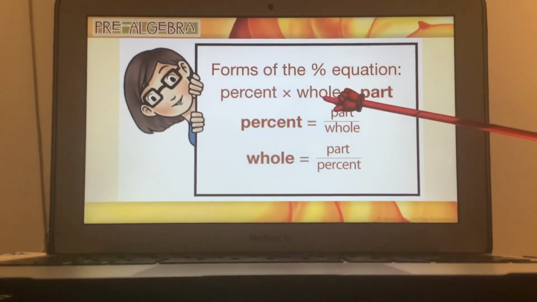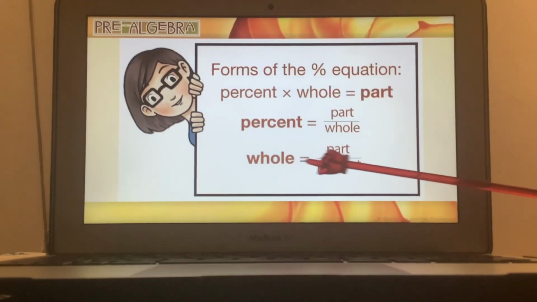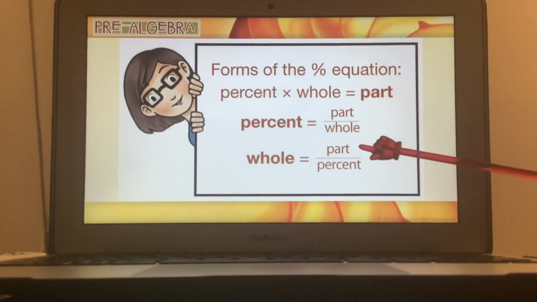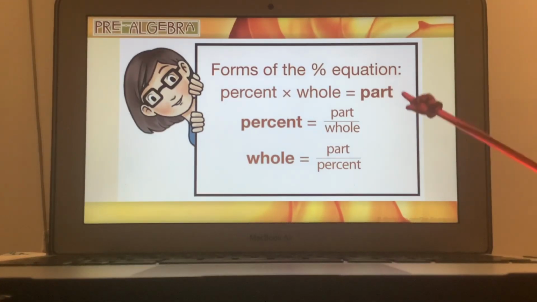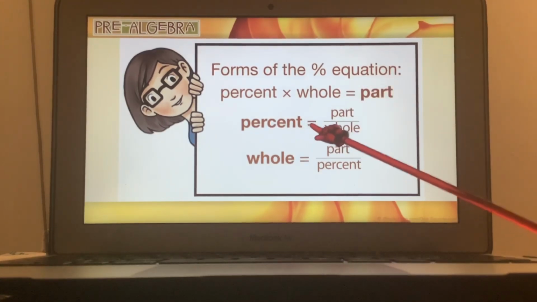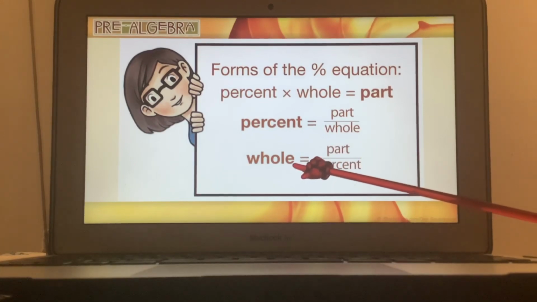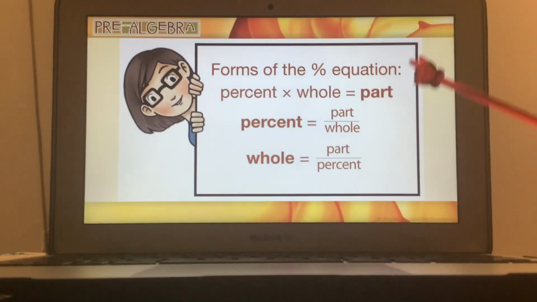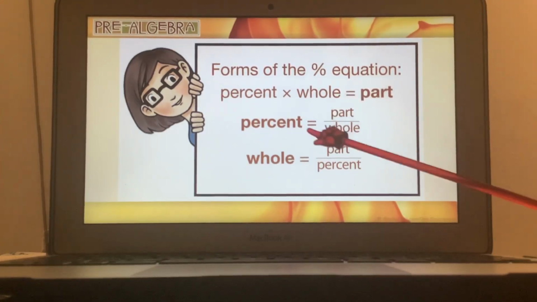If you take the whole, it's equal to the part over the percent. So when you read your problems, read them very carefully and find out what you're looking for: the part, the percent, or the whole. You can use any one of these three formulas, and that will help you solve for the part, the percent, or the whole.